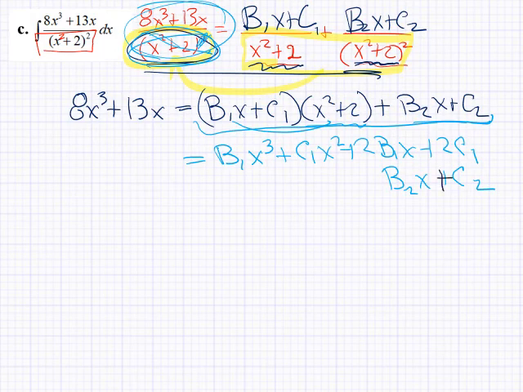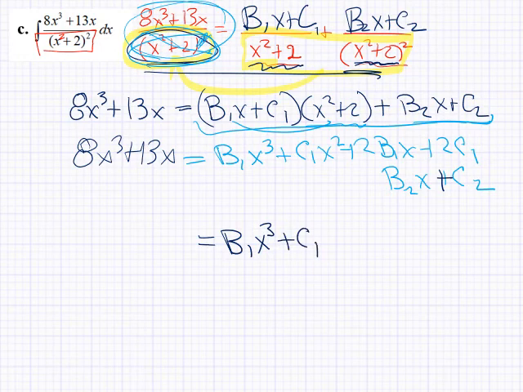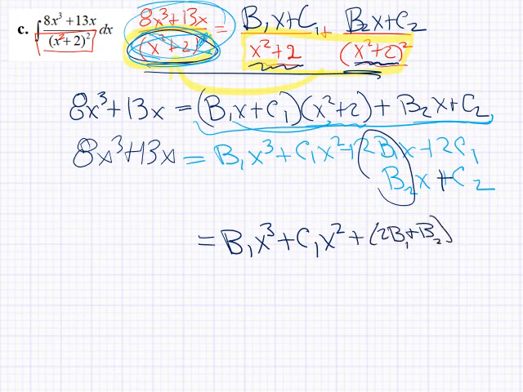Okay, that's a plus. And on the left side, remember, I got 8x cubed plus 13x, right? So if I group by terms, I got b1x cubed. I have c1x squared. These two are both x, so I get 2b1 plus b2 x. And then finally I have 2c1 plus c2.